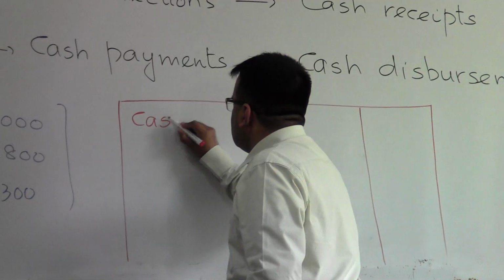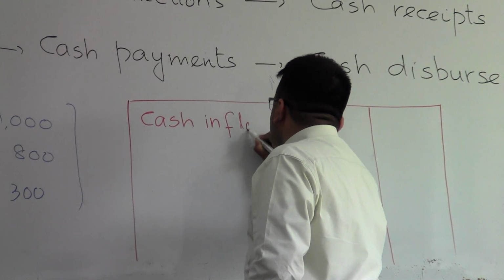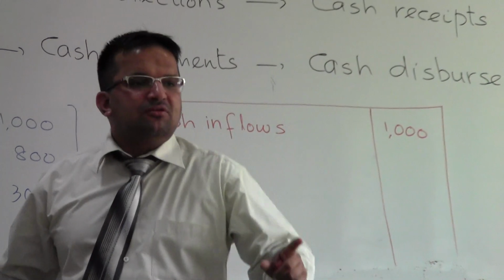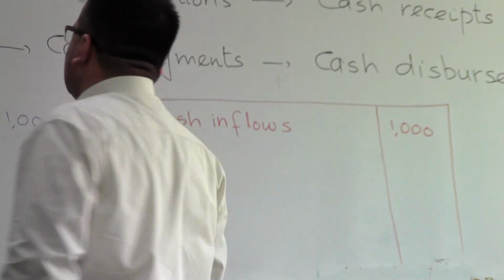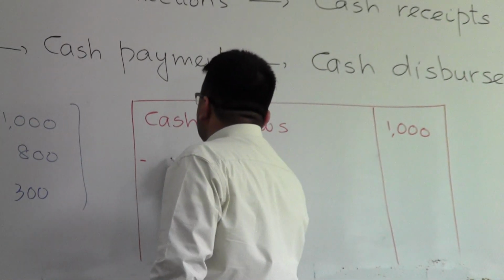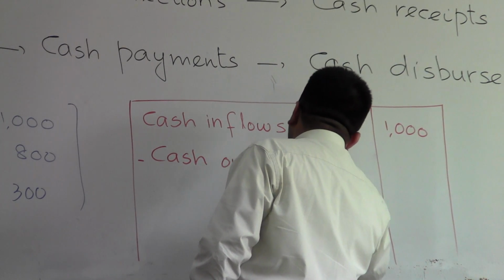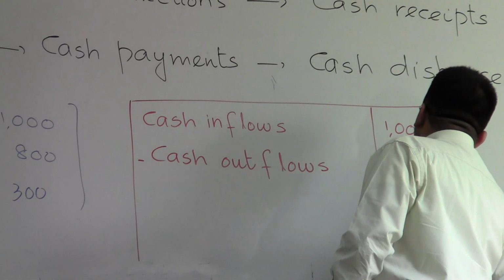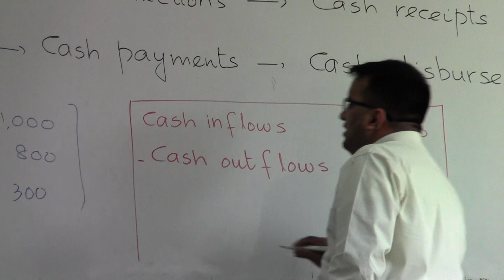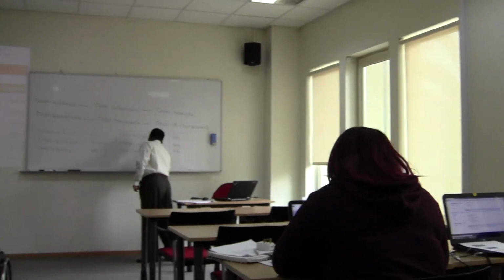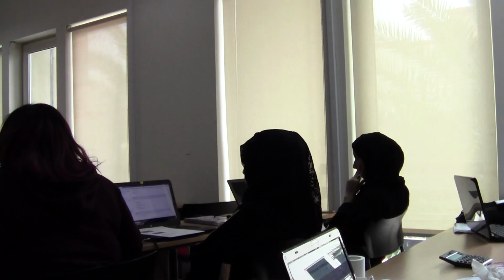Cash inflows will be 1,000, and from this 1,000 you subtract cash outflows, which is 800. 200 will be net cash flow, plus cash balance, which is 300.